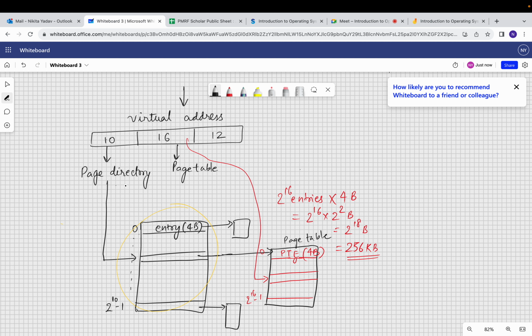But otherwise, just to calculate the size of the page table, all you need is how many bits are used to access the page table. If 16 bits are used here, that means there are 2 to power 16 entries in the page table, and every entry is of 4 bytes. So 2 to power 16 into 4 bytes is your answer.